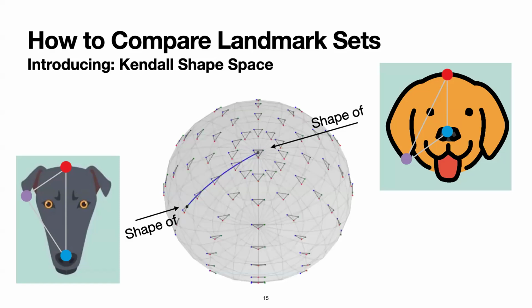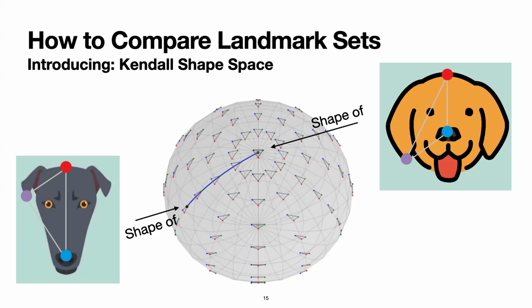This is where our friend manifolds come into play. This is the Kendall shape space, where every single point in this mathematical space represents a different landmark set shape. So this dog shape corresponds to this point, and this dog shape corresponds to this point.